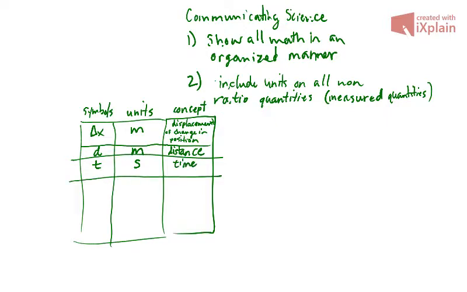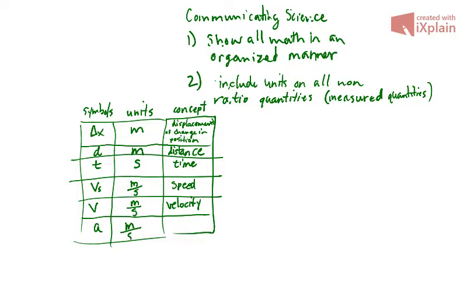Then we move on to V sub S, and the units are meters per second, and I call that speed. And then V, also meters per second. This is velocity. Okay, and then we have A, which is acceleration, and that's meters per second squared, or maybe easier, meters per second per second.